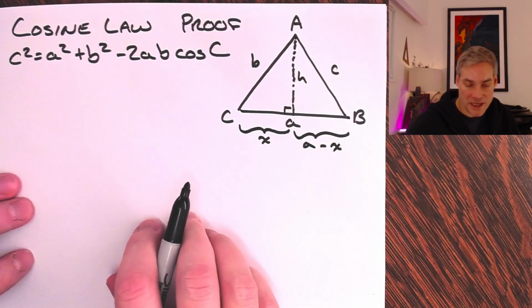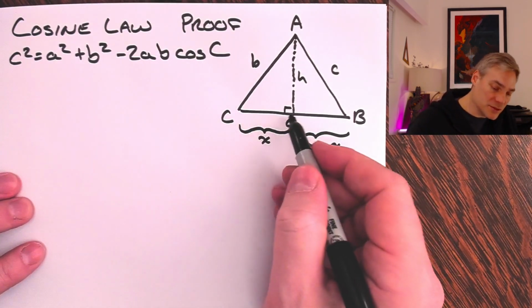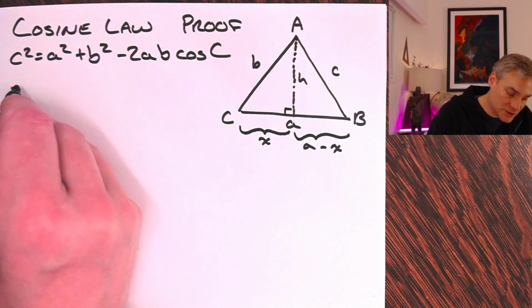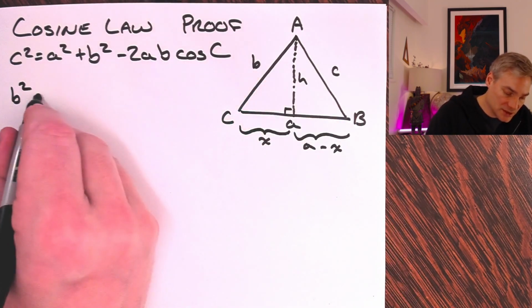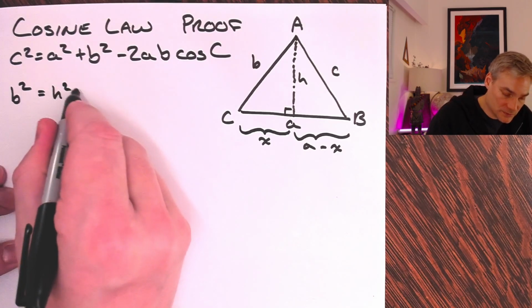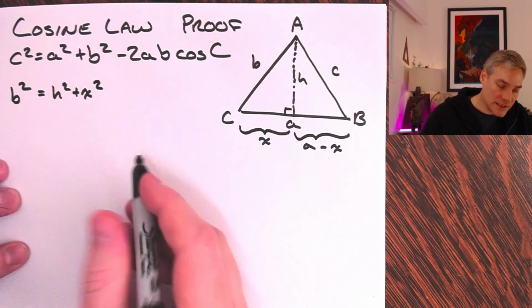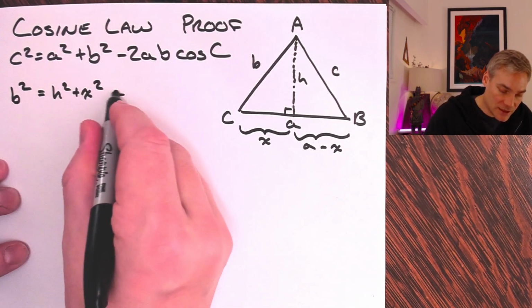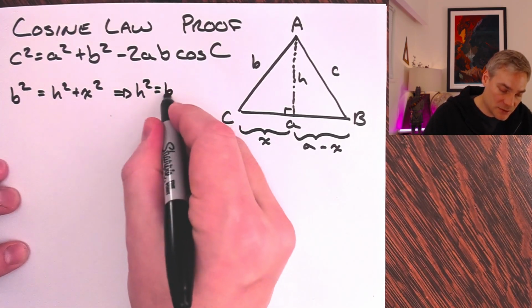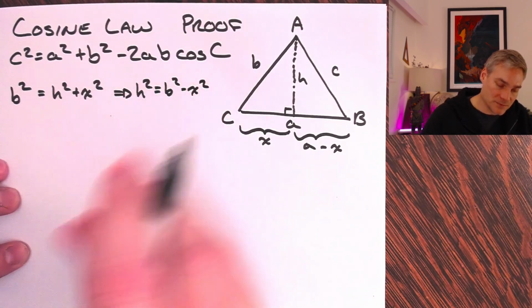Okay? So now, if I want, I can use Pythagorean theorem and solve for this. So what I find on the first triangle is b squared, my hypotenuse, is equal to h squared plus x squared. Okay, and now I'm going to solve for h. So h squared is b squared minus x squared.